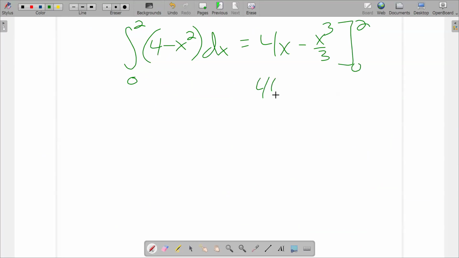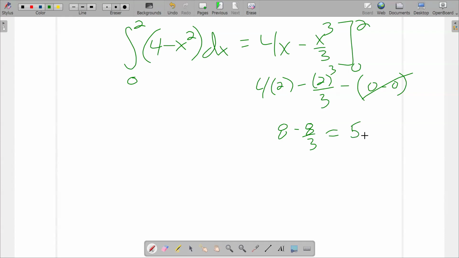Plugging in, 4 times 2 minus 2 cubed over 3. That looks familiar. Minus, and it's always good to double check, because plugging in 0 doesn't always lead to 0 for all functions. But 4 times 0 minus 0 is 0 minus 0, so this time it works out. But write that down just to double check to yourself. Just don't assume that's going to be a 0 out there. So there's my 8 minus 8/3, which we already calculated as 5 1/3.